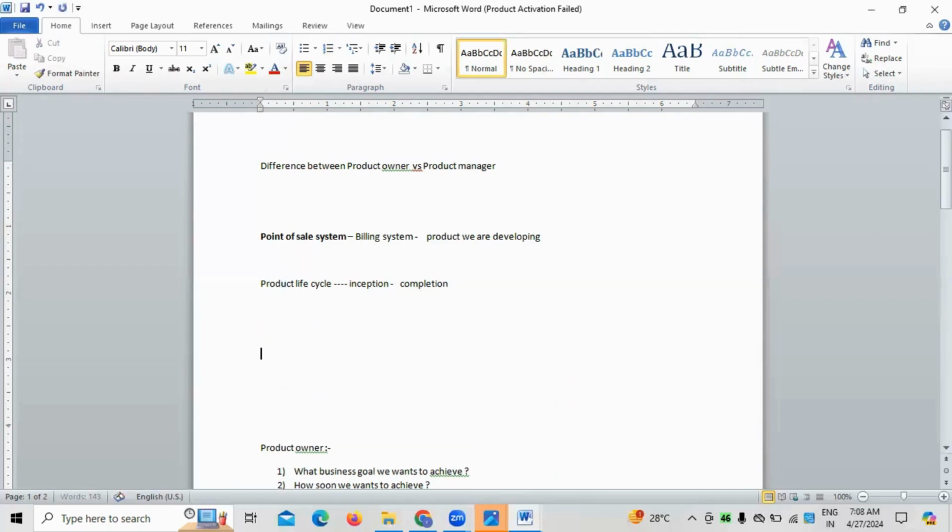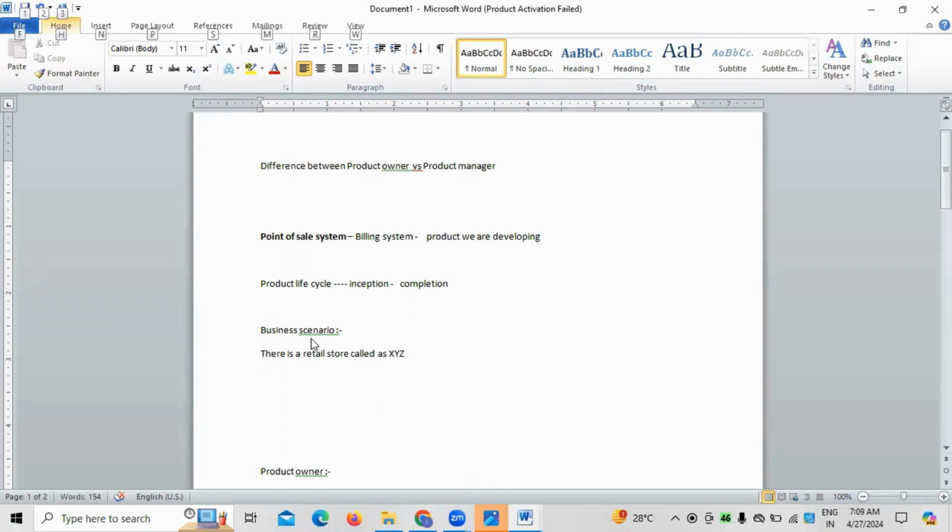Guys, listen carefully. I'll write down the business scenario so that you will understand much better. Business scenario: there is a retail store named XYZ.